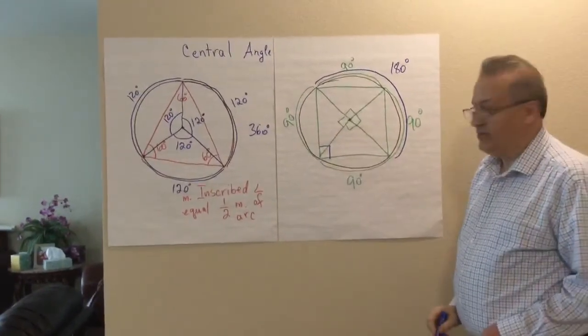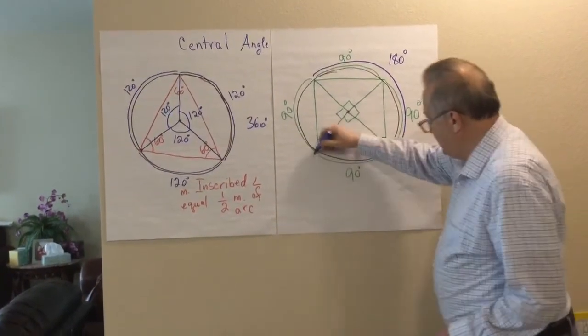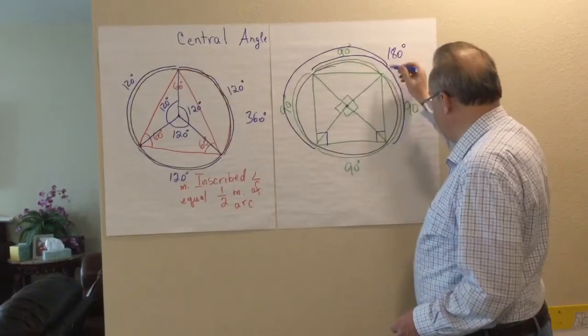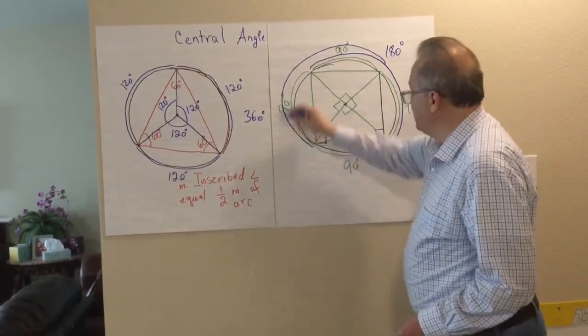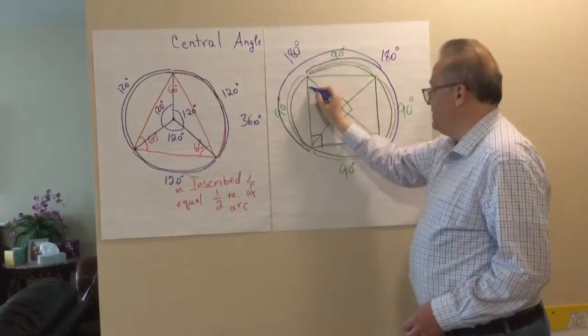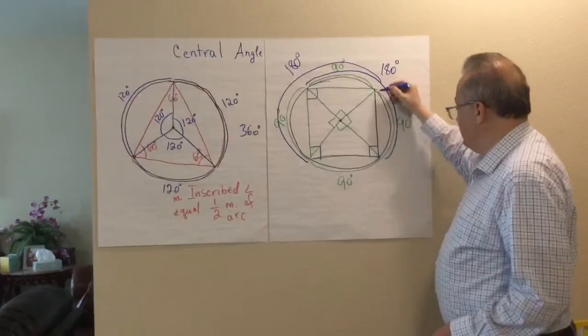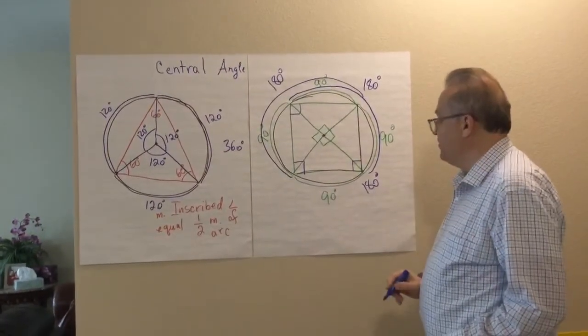I divide it by 2. Here is 90 degrees. This whole arc, because this angle intercepts this whole arc, I divide it by 2. This one, the same way, this whole arc of 180, I divide it by 2.